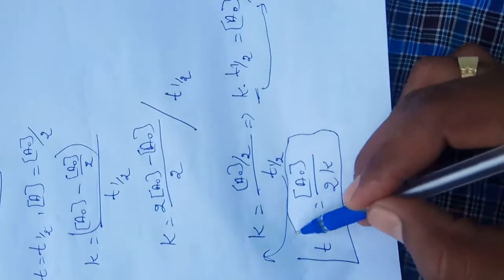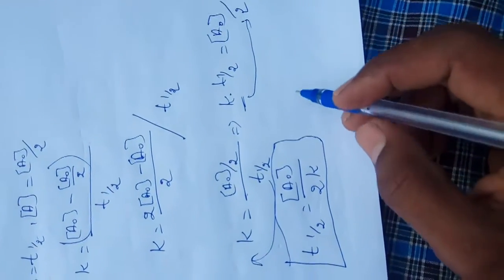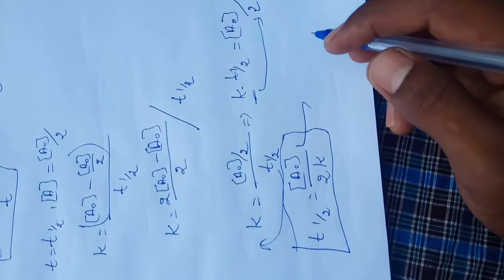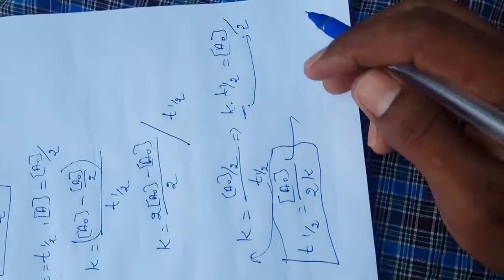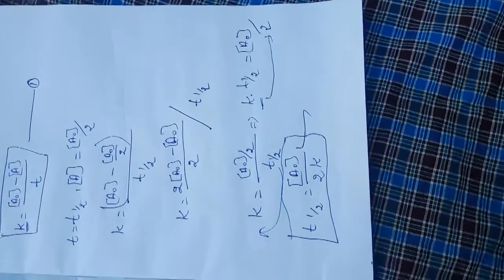So this equation is the half-life period equation for zero order reaction. The half-life period of zero order reaction is directly proportional to the initial concentration of the reactant.